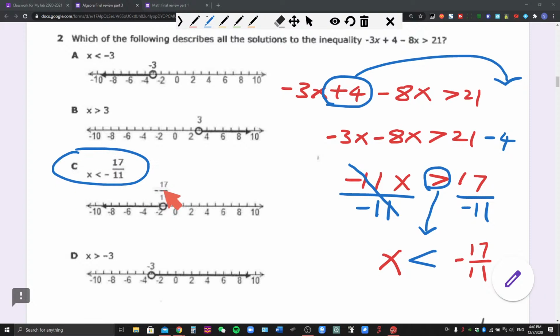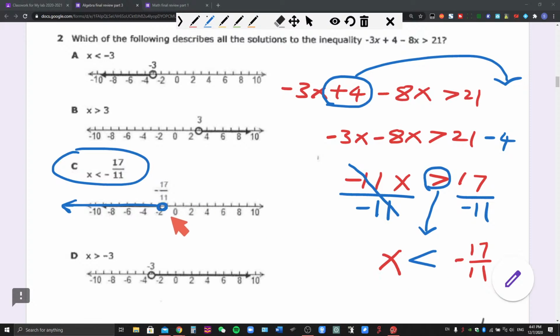From the number line, you can tell it's from negative 17 over 11 and goes to the left. And the left is less, so it's less than this number. Also this empty circle means it's not equal to.